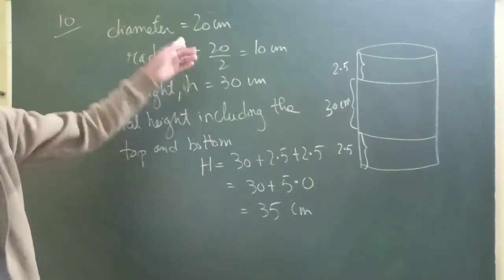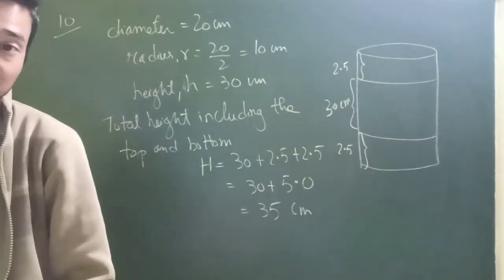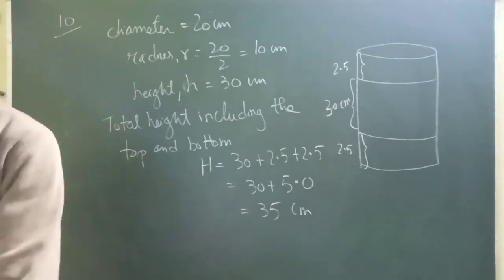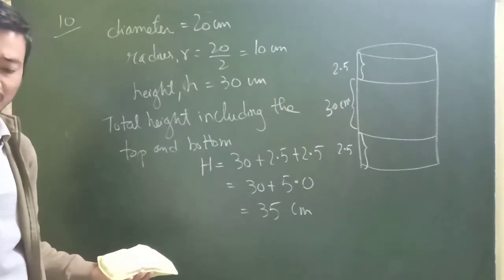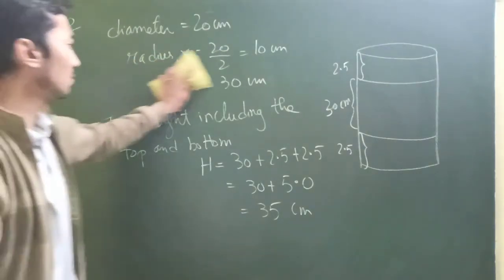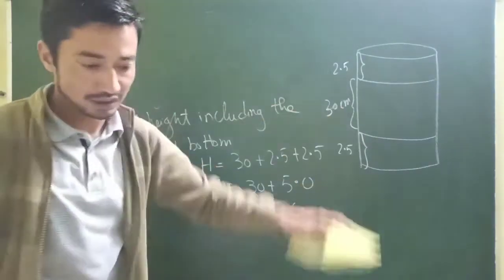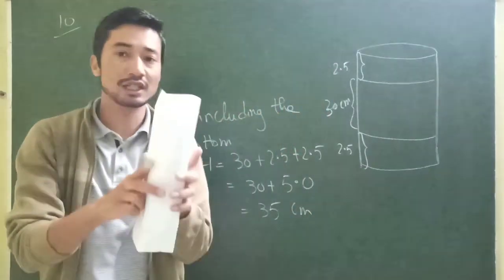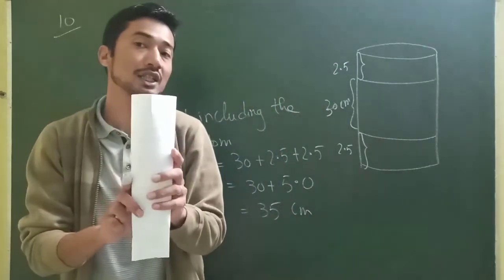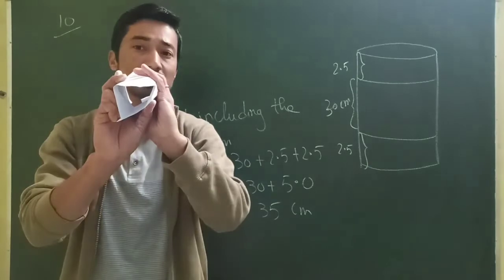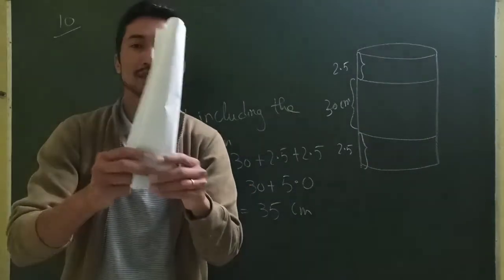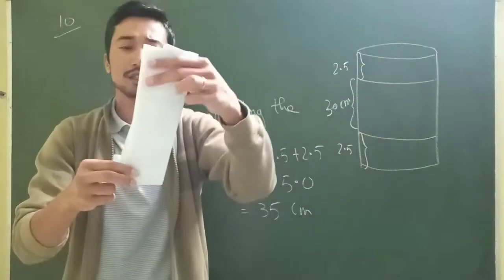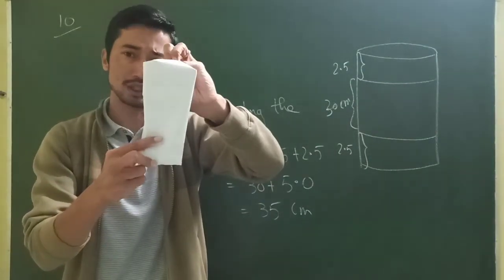35 centimeter. Radius is 10 centimeter. Radius will be the same, 10 centimeter. So let's try to find out the cloth required. Now cloth required will be what? The cloth required to cover this lampshade represents just the curved surface area only, because I will not be using the base, as this will be already folded. This portion is actually also folded.